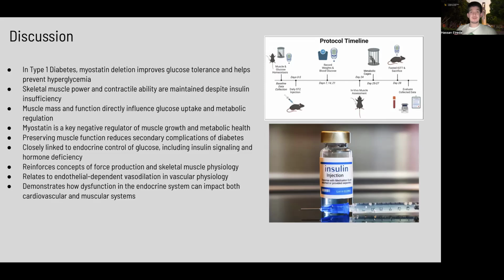By maintaining muscle mass and function, the body is able to take up more glucose, improving overall metabolic control even without insulin. Preserving muscle function also reduces secondary complications of diabetes, closely linked to endocrine controls of glucose, including insulin signaling and hormone deficiency. This demonstrates how this function in the endocrine system can impact both cardiovascular and muscle systems.